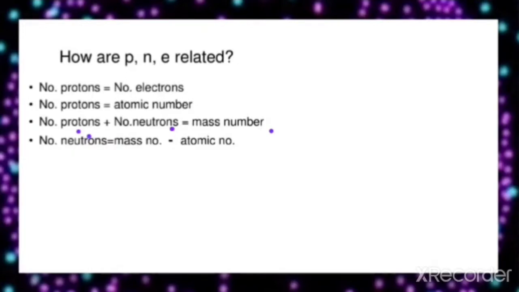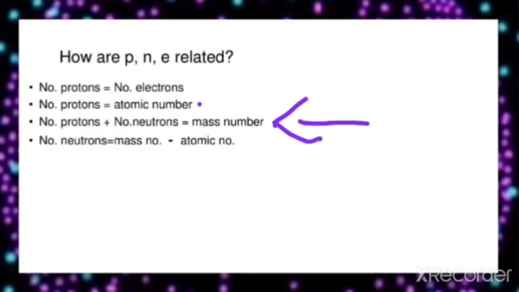So just now we have learned atomic number. What is atomic number? The number of protons is equal to the atomic number for an atom, and the sum of the protons and neutrons, that are the nucleons present in the nucleus, gives rise to the mass number. So if you want to find out the number of neutrons, if you know the value of mass number, how do we find it from this formula?